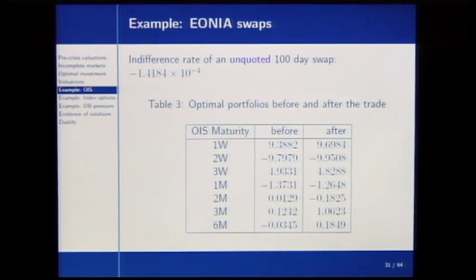Remember, the overnight rates have been negative recently. And if you look at the hedging portfolio, it's different from the portfolio before the swap contract. And it's non-trivially different. I could not have guessed what the optimal hedge would be. You do see that the biggest differences happen around the same maturity as in the swap that you're trying to price.